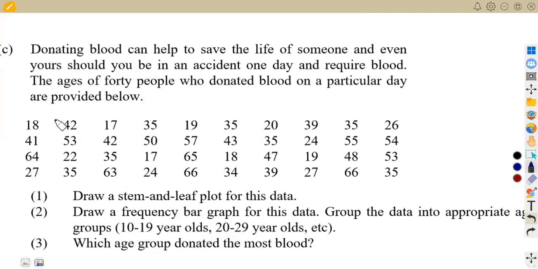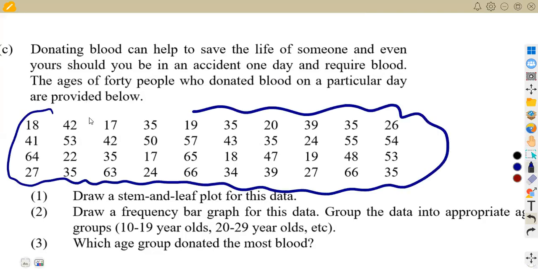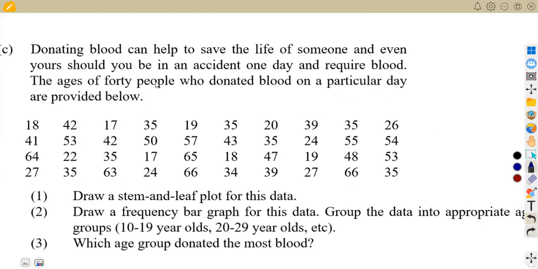So these are the ages of the people, like how old is someone? That is the age. So they are saying here the ages of 40 people. If you count these numbers, there are 40 of them.